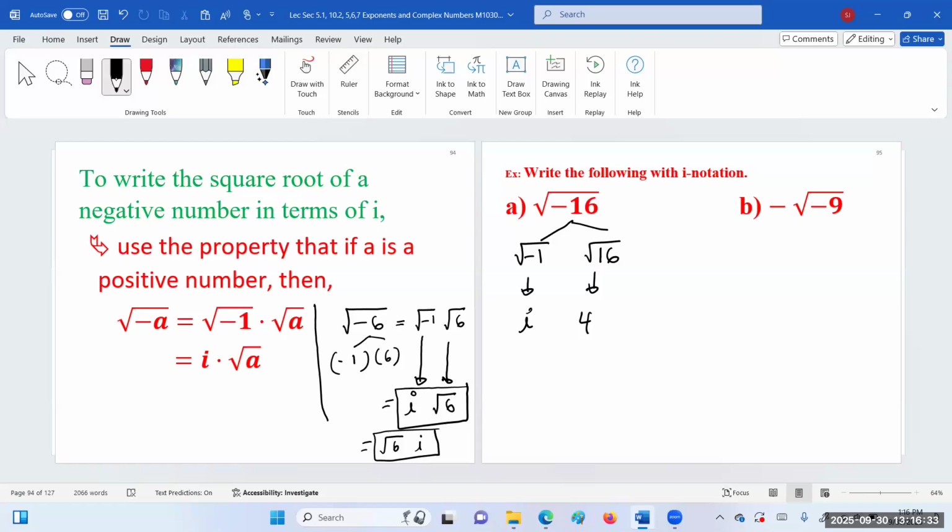Now, when you have a whole number, you definitely shouldn't write i first. Even if the position doesn't matter, it just looks weird. So the whole number always comes first and then the i. Just like 4x: if you write x4, it's not wrong, but it looks weird. That's 4i. Any questions so far?